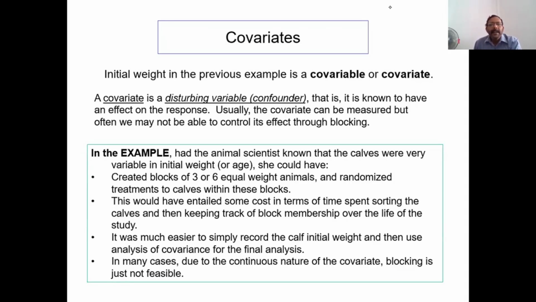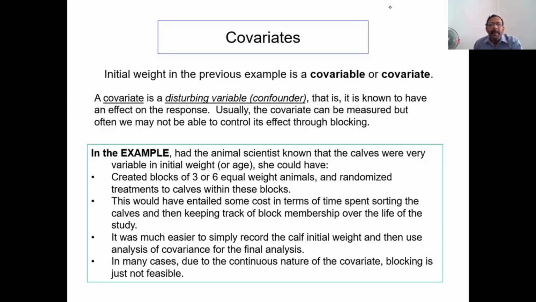Initial weight in the earlier examples can be considered a covariate. A covariate is a disturbing variable. When you have variability overlaps, it is called confounding. That is, it is known to have an effect on the response.